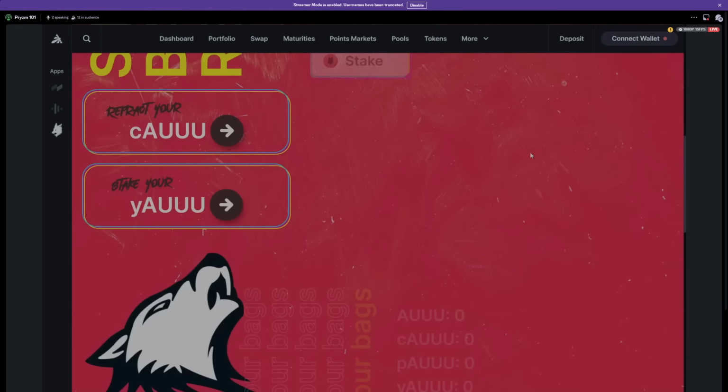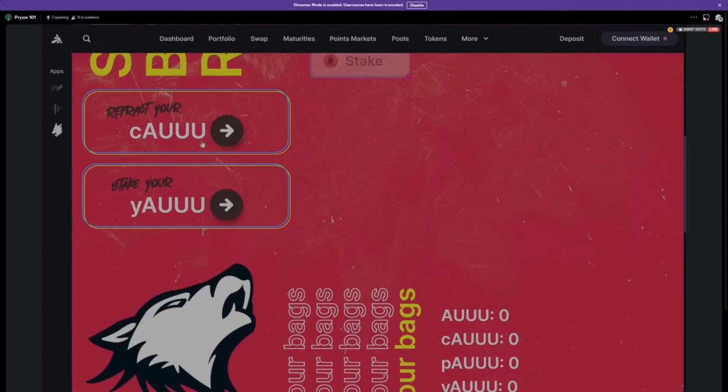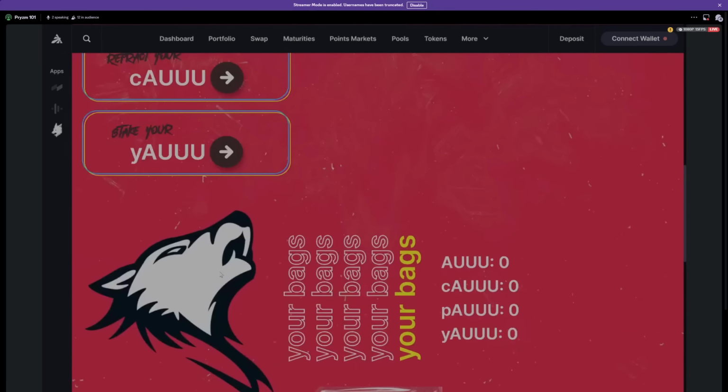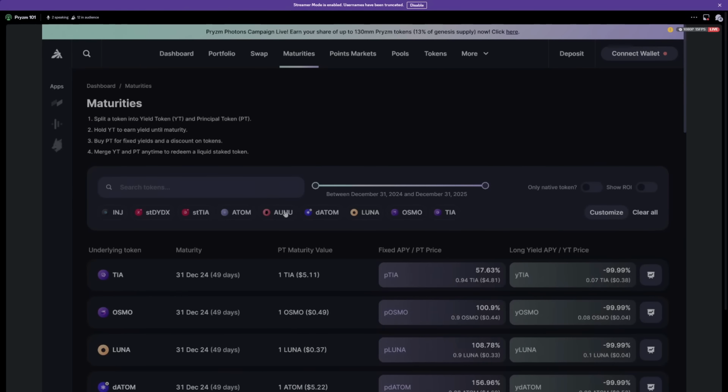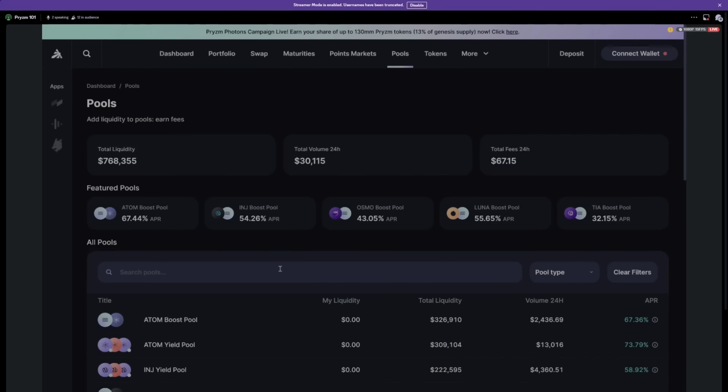Okay, and then you can split your AWU here the same way that you've seen us do with Atom and P-Atom, and then you can bond or unbond to get liquid staked AWU here, and then you can just trade it and practice buying tokens, big high fixed yields, buying yield tokens, which you can now use to earn photons, or even providing liquidity with AWU.